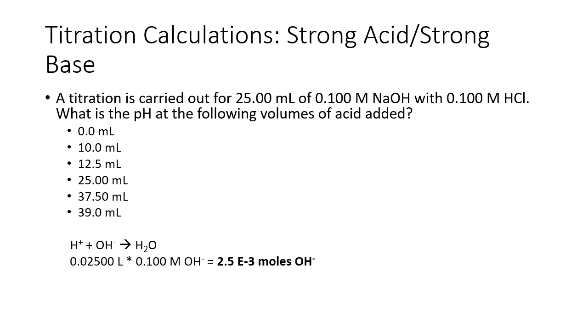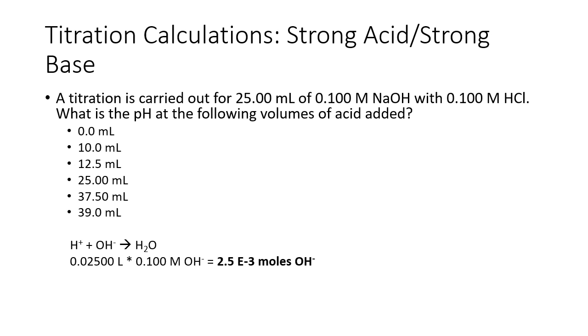All right, so now we know the number of moles at the equivalence point, and then we need to find how many, at the equivalence point, moles of OH minus is going to be equal to H plus. We need to figure out the volume.